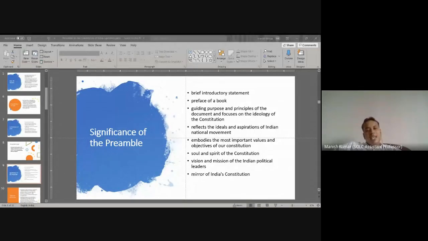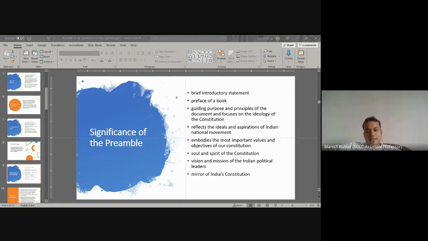It is like a preface of a book that highlights the guiding purpose and the principles of the document and focuses on the ideology of the constitution.